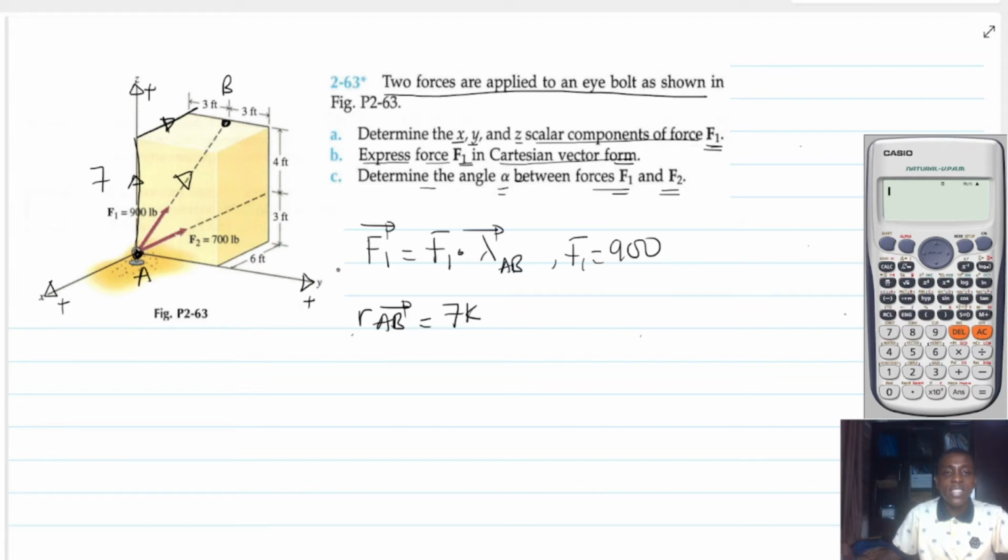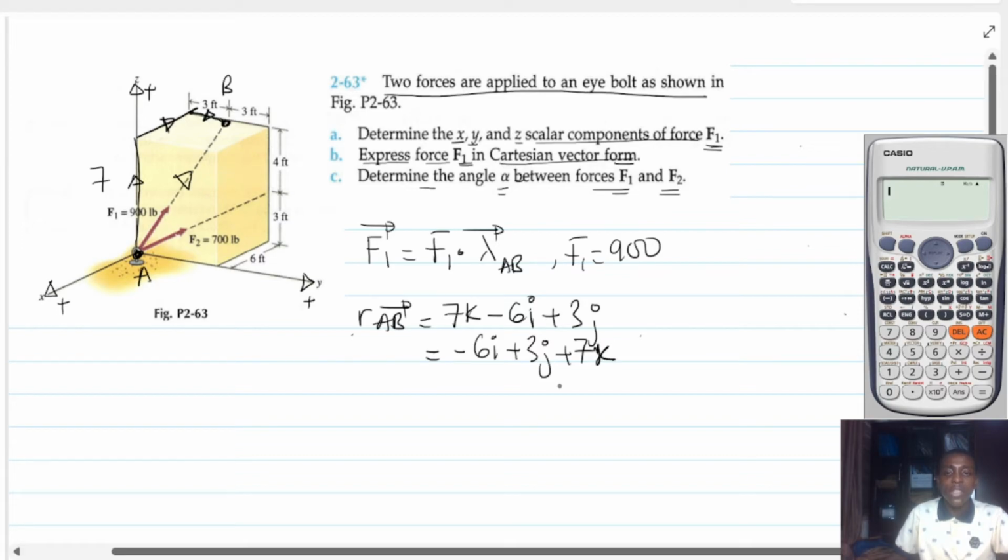The distance is 6, so minus 6i. Finally, I will step down in the direction of y, which is positive, so plus 3j. If I rearrange this, I get minus 6i plus 3j plus 7k, and that is the position vector.